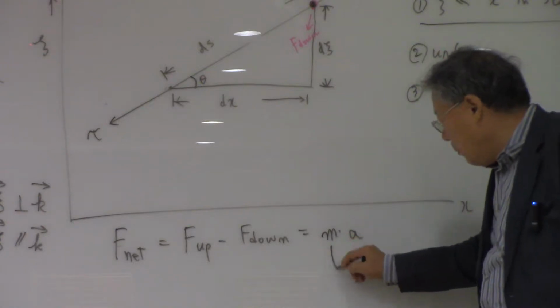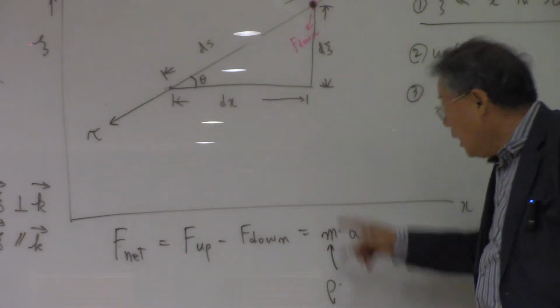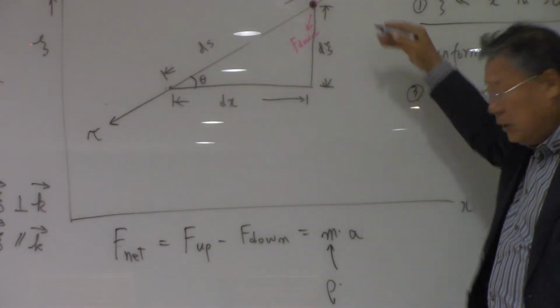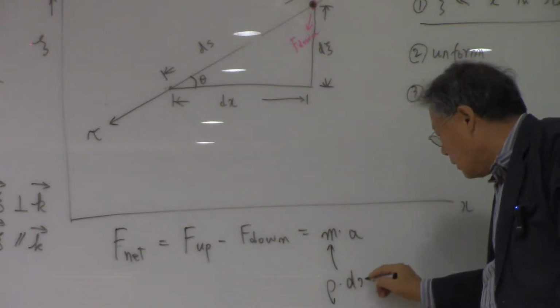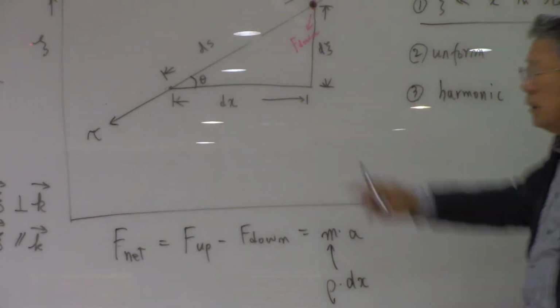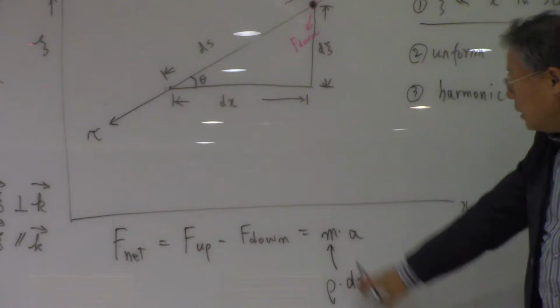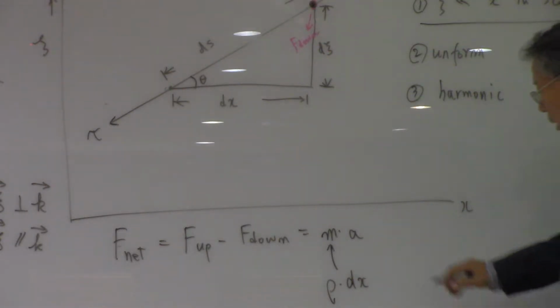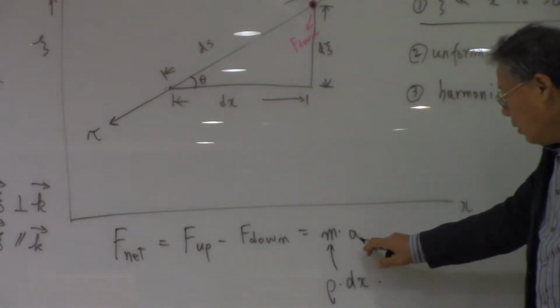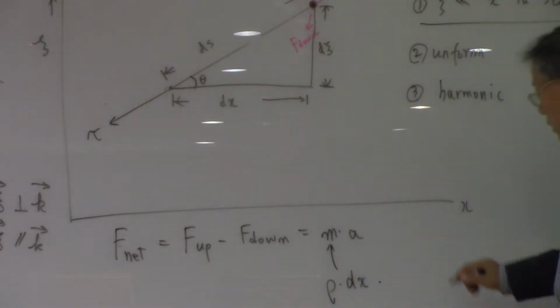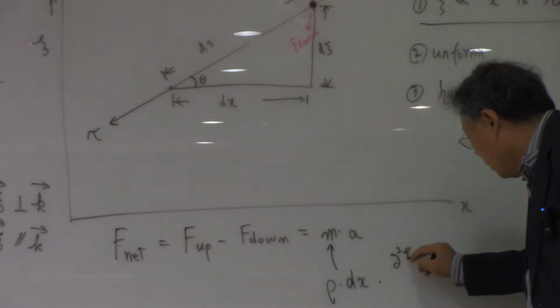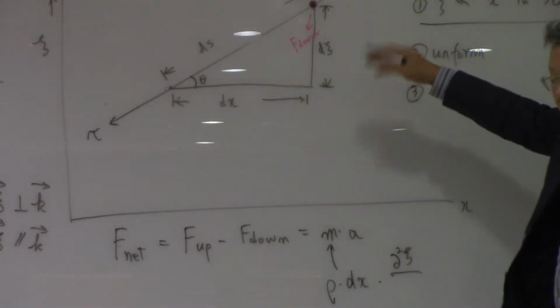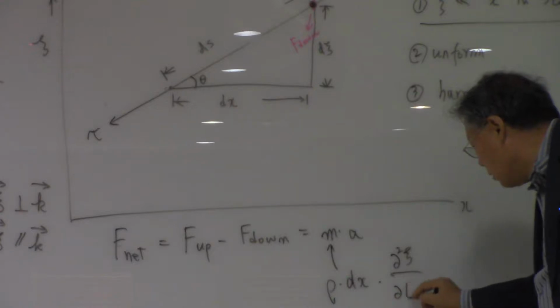And here the mass is going to be the density of the string times dx. We assume that ds is almost the same as dx, okay? That is going to be the mass, and here the acceleration is going to be the second derivative of the movement with respect to the time.